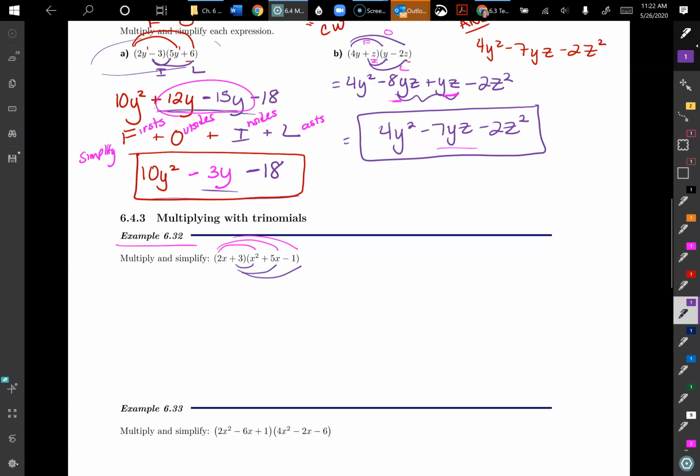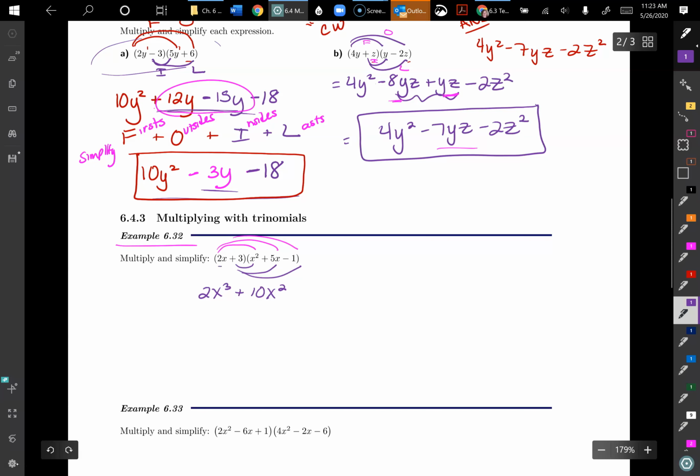So I have 2x times x squared. Actually, let me read the full thing, in case someone needs to hear that. This problem to begin with is (2x plus 3) times (x squared plus 5x minus 1). So I'm doing 2x times x squared to get 2x cubed. Then I'm going to do 2x times 5x, and I'm going to get plus 10x squared.